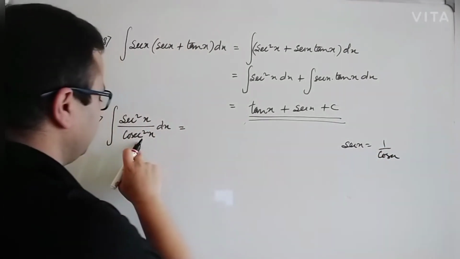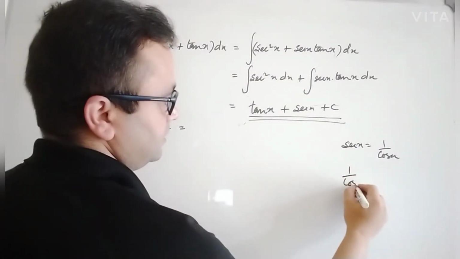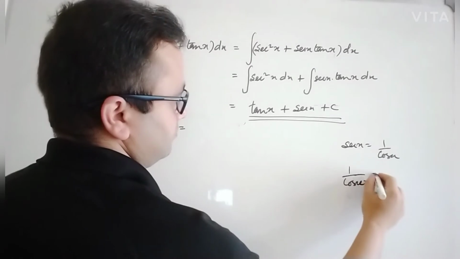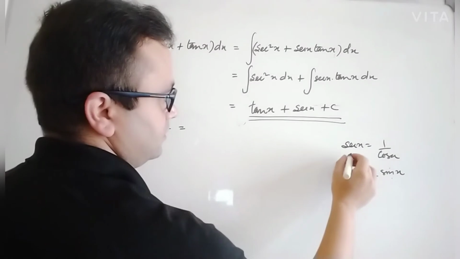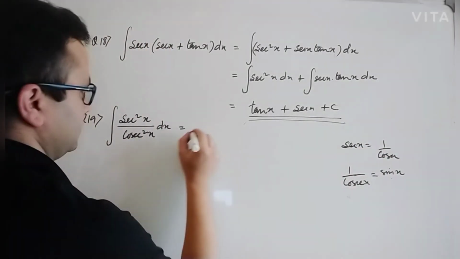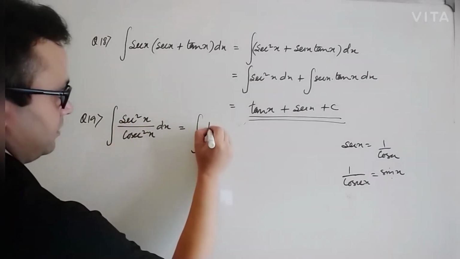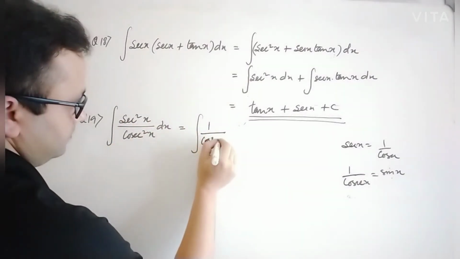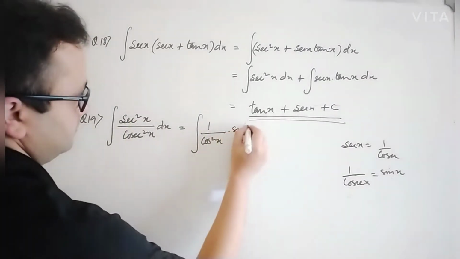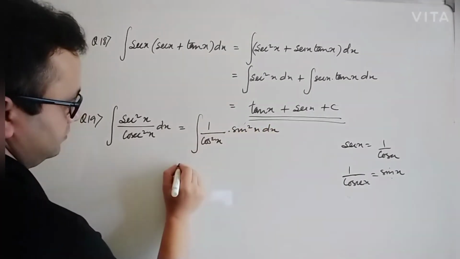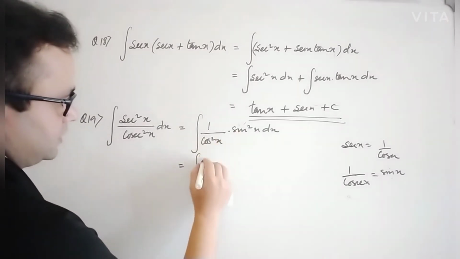And the reciprocal of sine is cosec, so sin x is 1 by cosec x. So sec square x is 1 by cos square x, and 1 by cosec square x is sin square x.